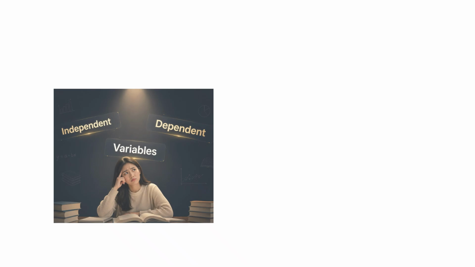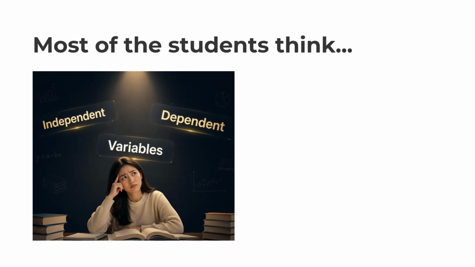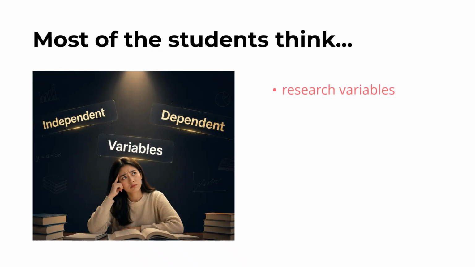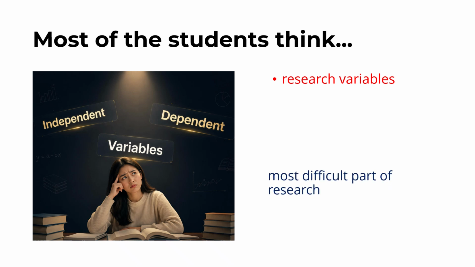Let's be honest, for many students, research variables feel like one of the most difficult parts of research. When they hear terms like independent variable or dependent variable, it suddenly sounds complicated. And if you can relate, don't worry, you're definitely not alone.